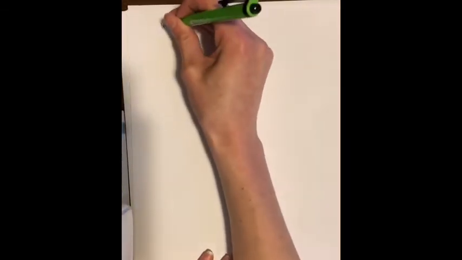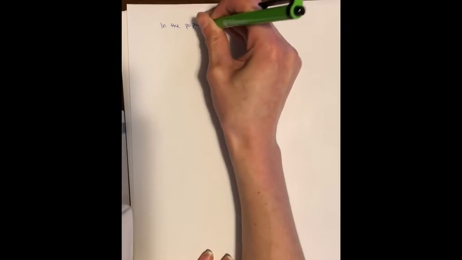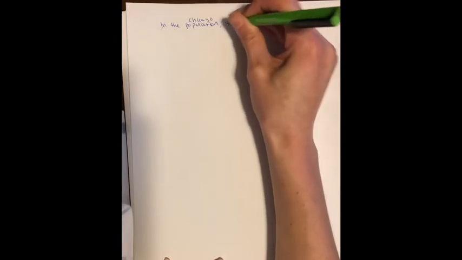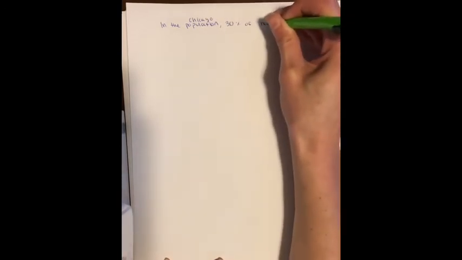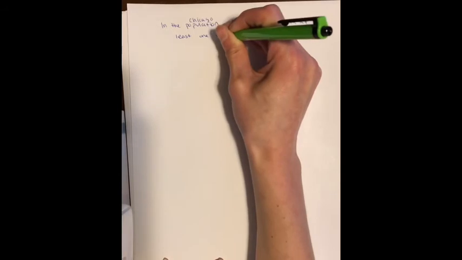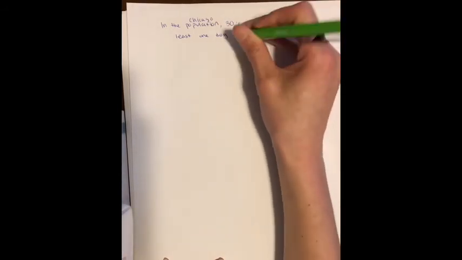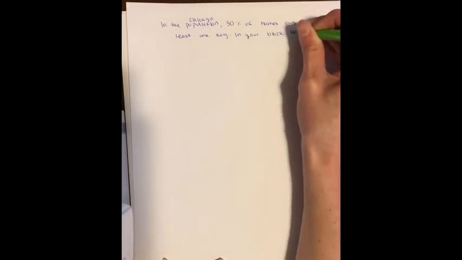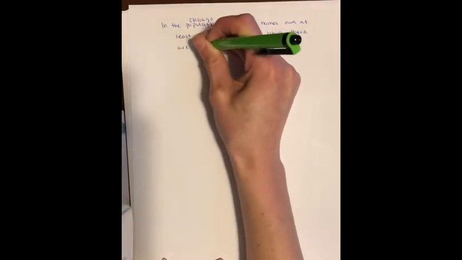Let's say in the population, I don't know, 30% of homes own at least one dog. In your block, there are 30 homes.